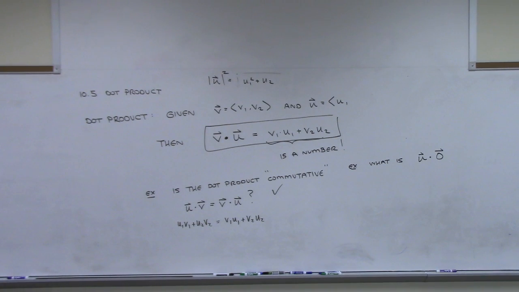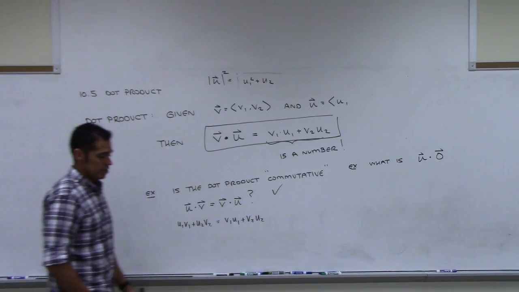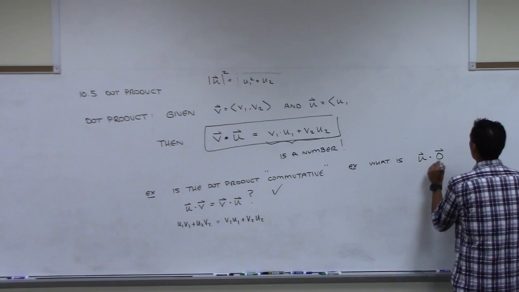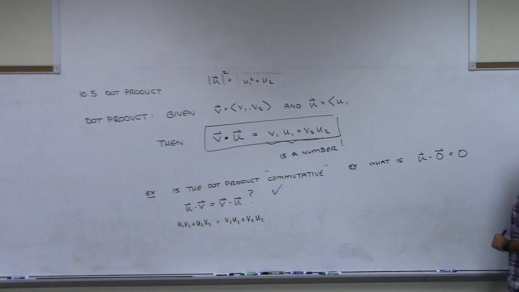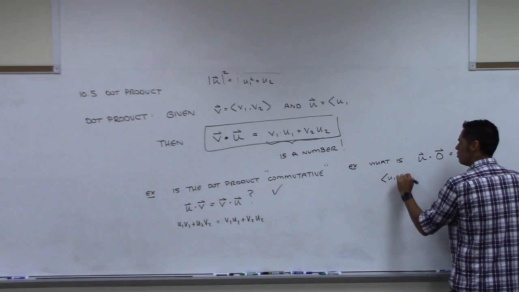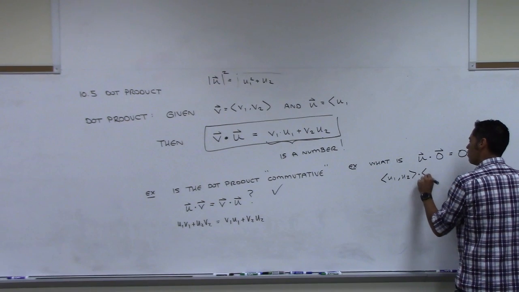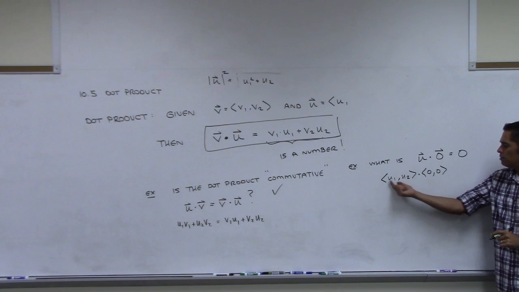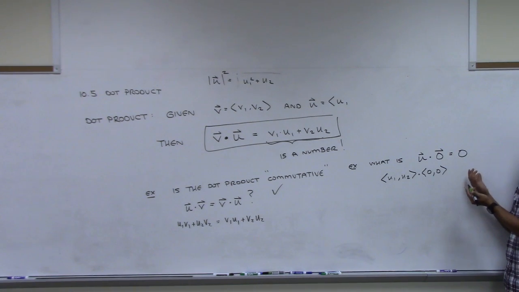What is it going to spit out? 0. 0 vector or 0 number? 0 number. And the way you can see that is what you're doing is you're doing u1, u2, and you're dotting it with the 0 vector, which is the vector 0, 0. So when you do this times this plus this times this, you get 0 out.